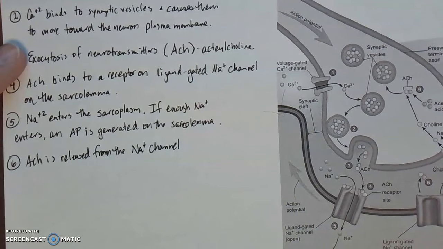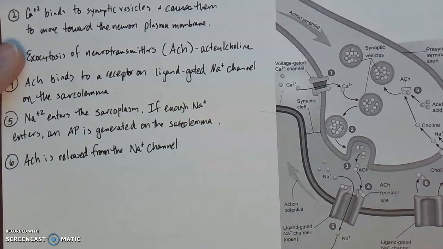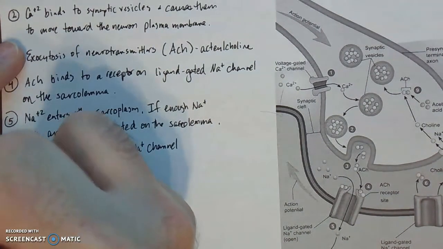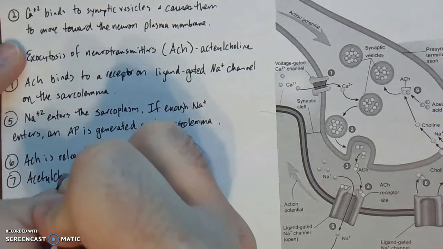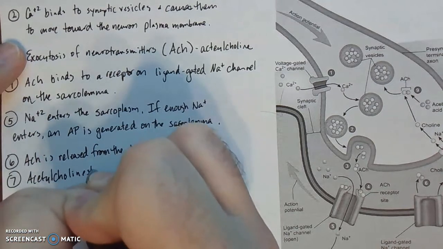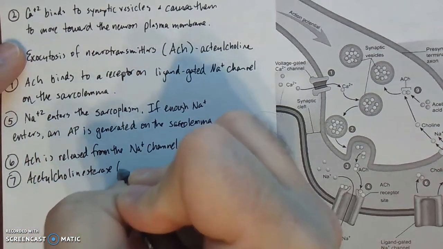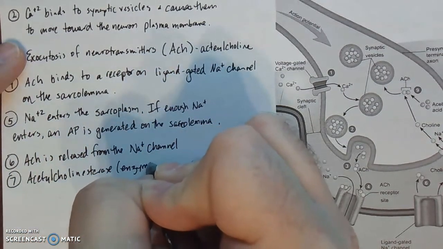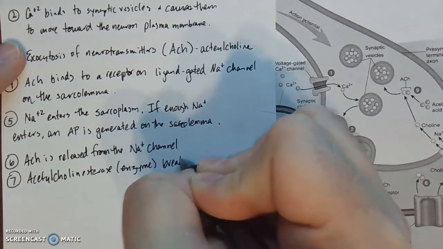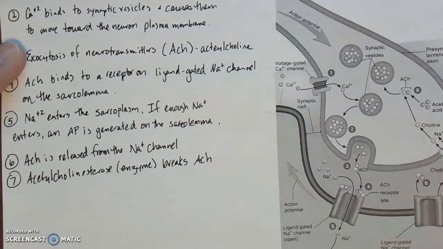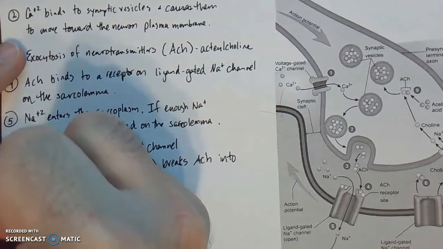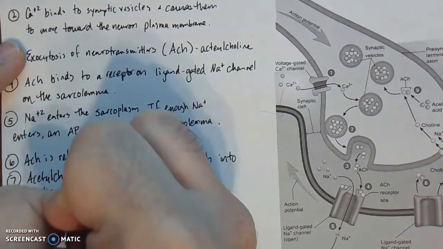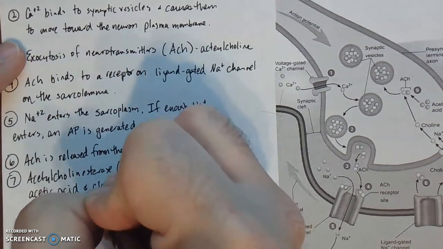And then we have an enzyme, acetylcholinesterase, that breaks the acetylcholine into acetic acid and choline.